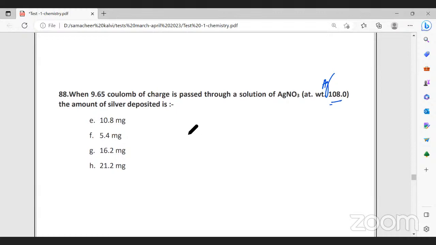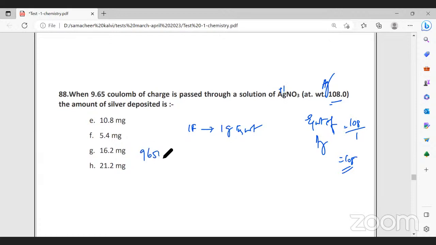This is based on Faraday's law. 1 Faraday gives 1 gram equivalent weight. Now, the equivalent weight of silver is 108 divided by 1. Valence of silver is plus 1. So 108. 1 Faraday is 96,500 coulombs. 96,500 coulombs will give 108 grams of silver.